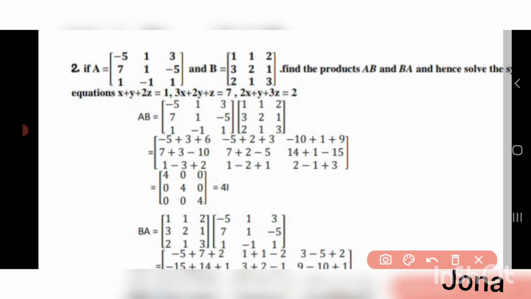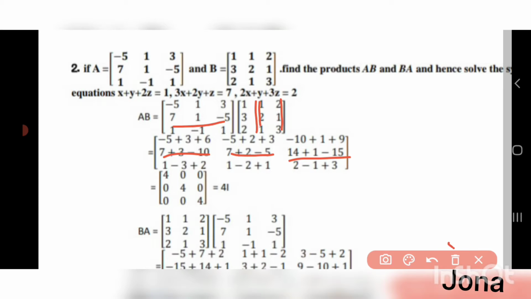So AB is nothing but the product of A and B. The A matrix is here and the B matrix is here. We have to do ordinary matrix multiplication. First row, first column, first row, second column, first row, third column. Then we multiply second row, first column, second row, second column, second row, third column.